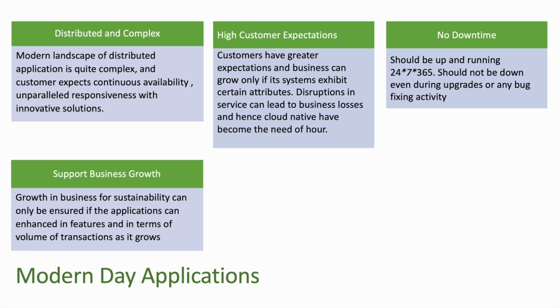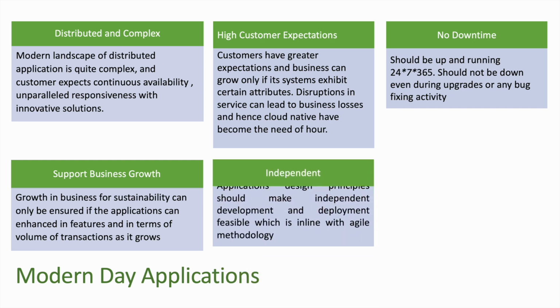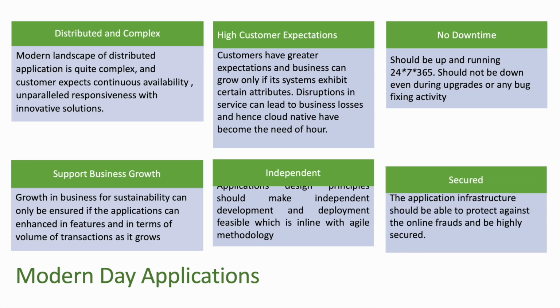Take any application again. The application has to be independent. That is, the application design principle should make independent development and deployment feasible, which ideally is in line with the agile methodology. If you have a bigger application and you go with microservices, each of the services should be independent. That is how the development should take place.